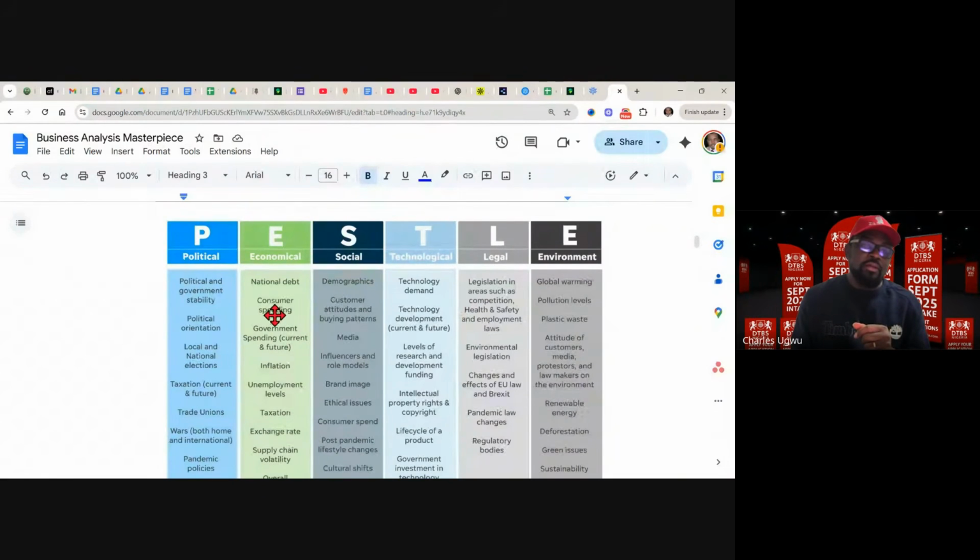Consumer spending, is there enough funding available for people to spend? So for our business, all we need is data. So how many people can afford data to access social media platforms? Almost everybody can afford that.